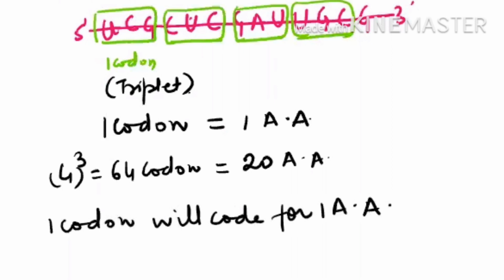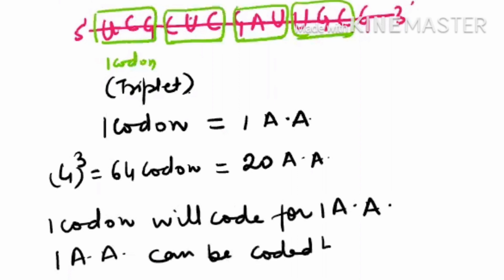But one amino acid can be coded by many codons. Is it clear? When we say one codon will code for one amino acid, we want to say they are specific.